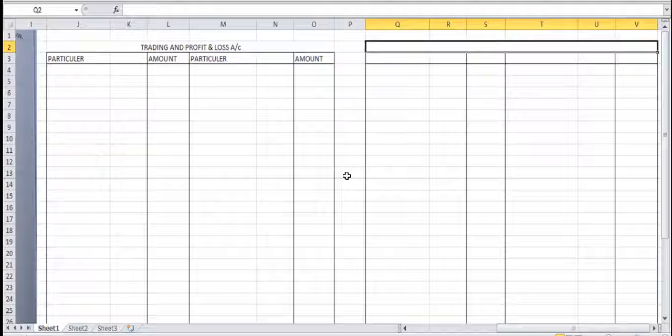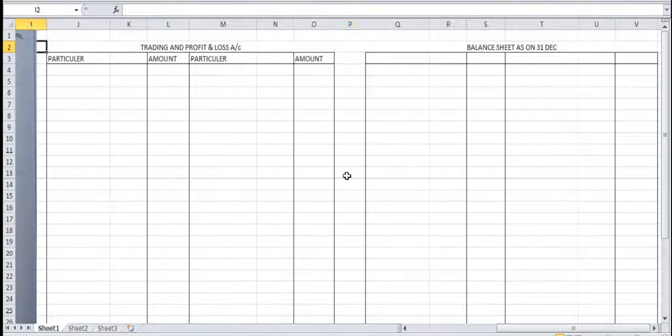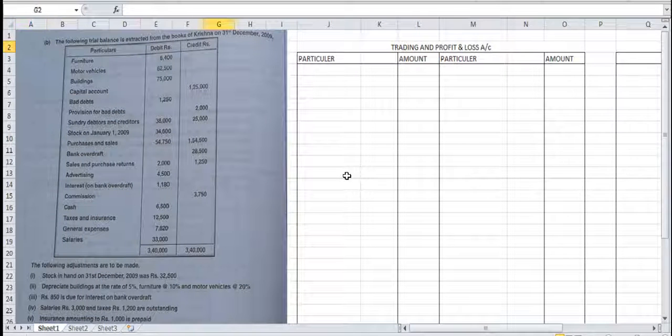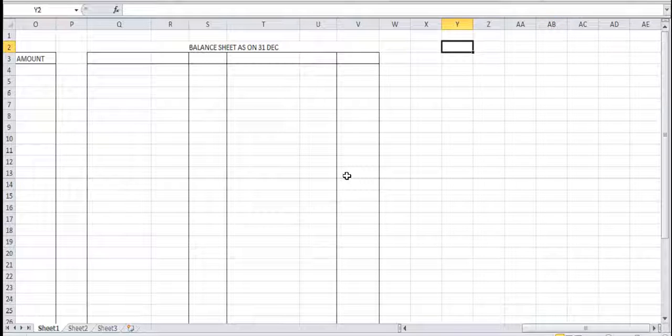Now write the balance sheet. This is the balance sheet. You can write as on 31st December 2009.